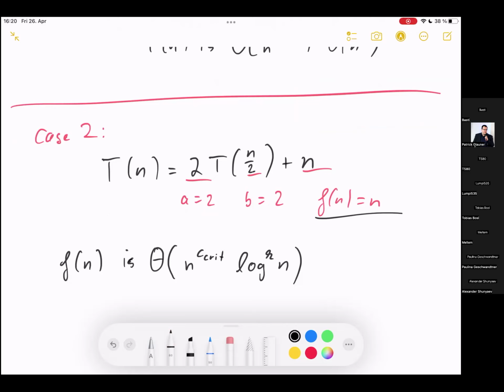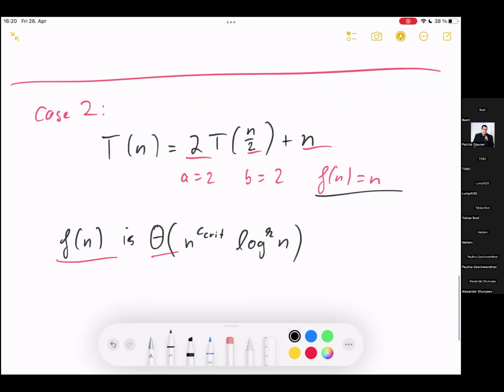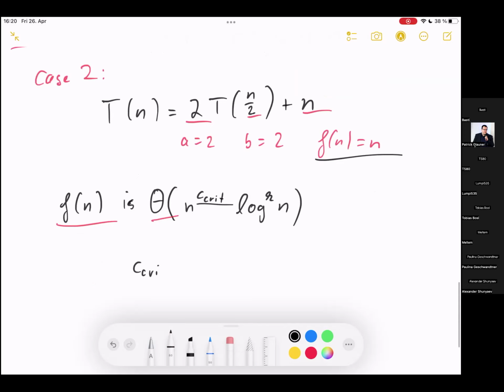In order for us to determine if f of n is in this theta, we need to calculate the critical exponent, C critical. Remember that C critical is log base B of A, and it's actually just the binary logarithm of 2, which is 1. And now we wonder, is f of n this?